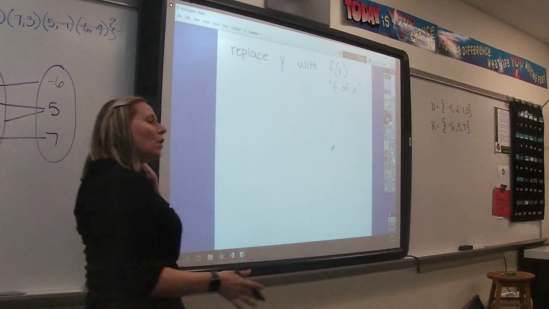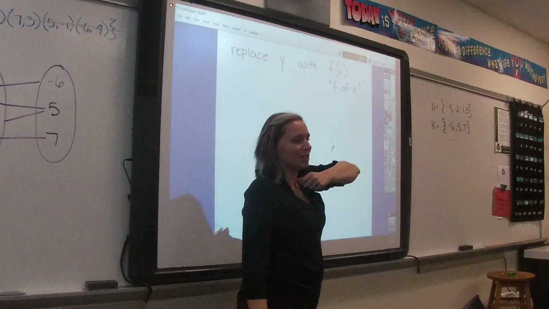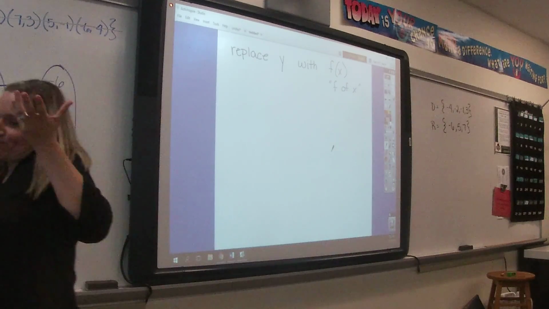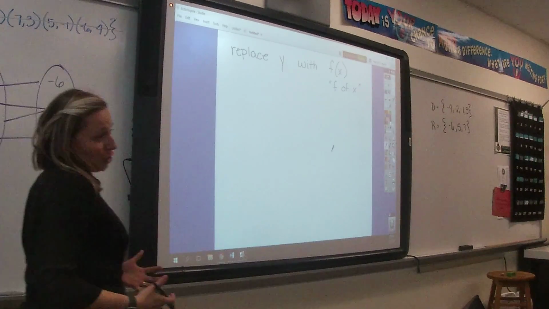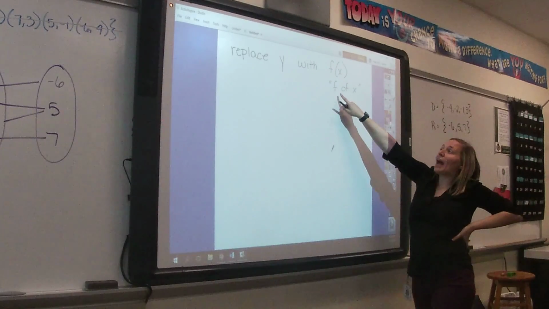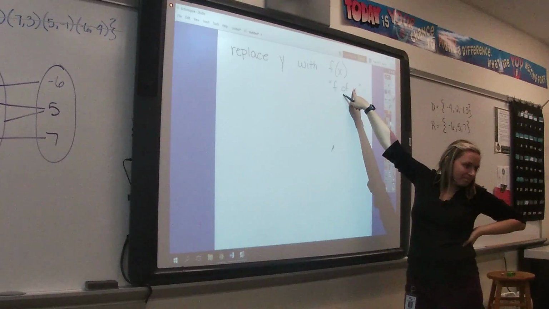What do parentheses always tell us to do? Multiply. What does the word of always tell us to do? Multiply. This has nothing to do with multiplication. I don't know why we use parentheses. Okay, this has nothing to do with multiplication. Instead what it is doing is it says we have a function and we are going to evaluate it for x.